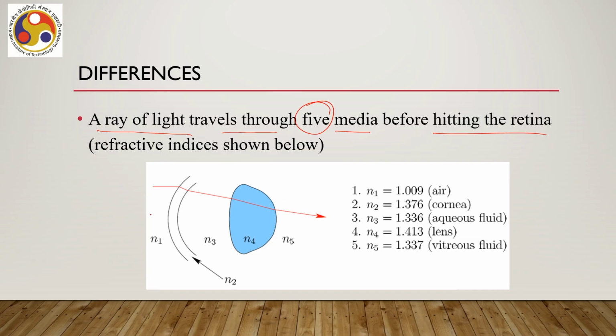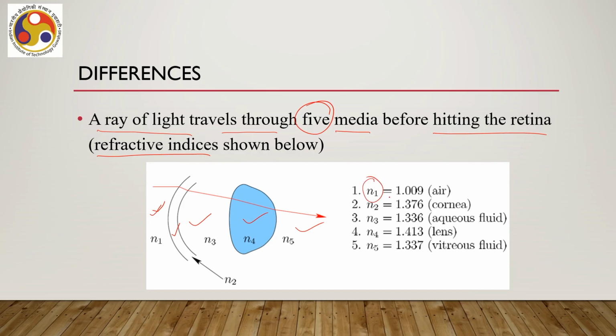We have first air through which the light comes, then the cornea, then one liquid, then the lens, then another liquid. So, 5 different media, and each has its own refractive index, which determines the amount of light that passes through the medium.